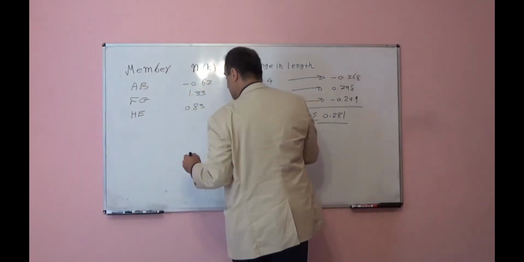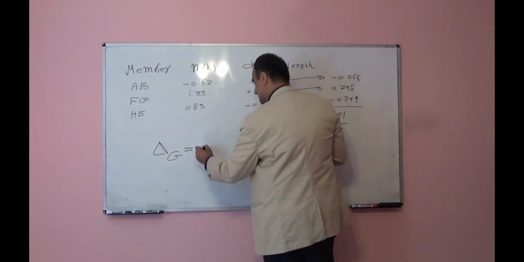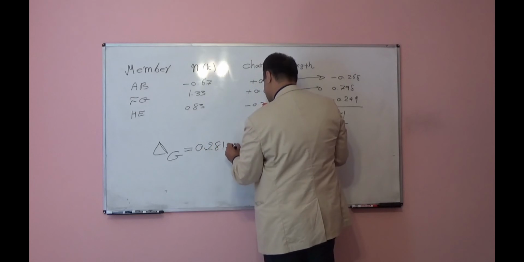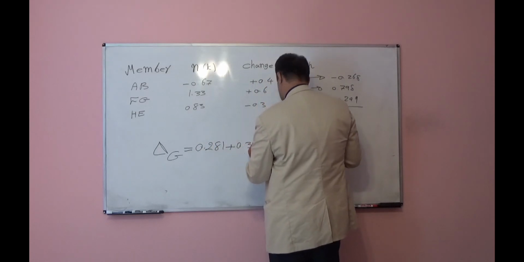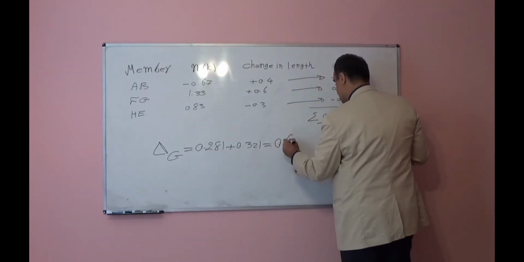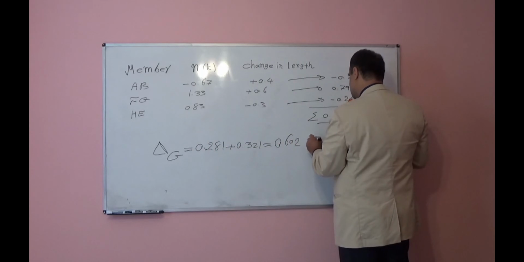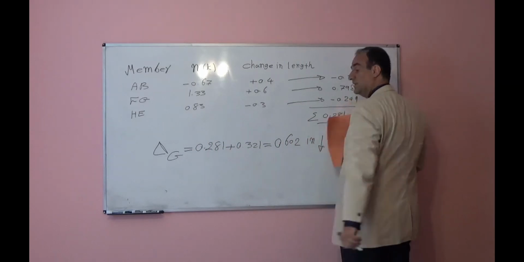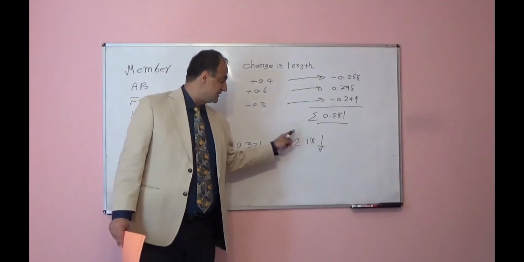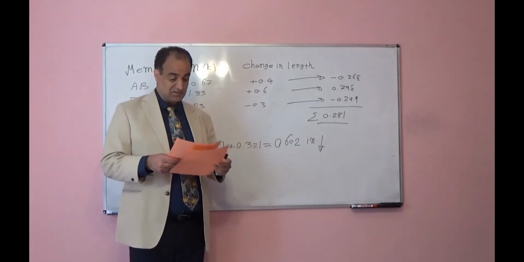So the total deflection at point G will be the deflection because of the fabrication error plus the deflection because of the external load. If you add together, the total deflection at point G will be 0.602 inch, and because it is positive and we applied the virtual load downward, positive means this deflection is downward.